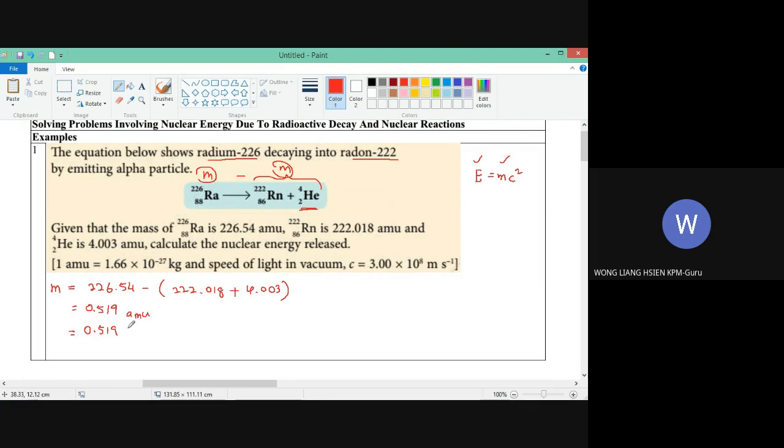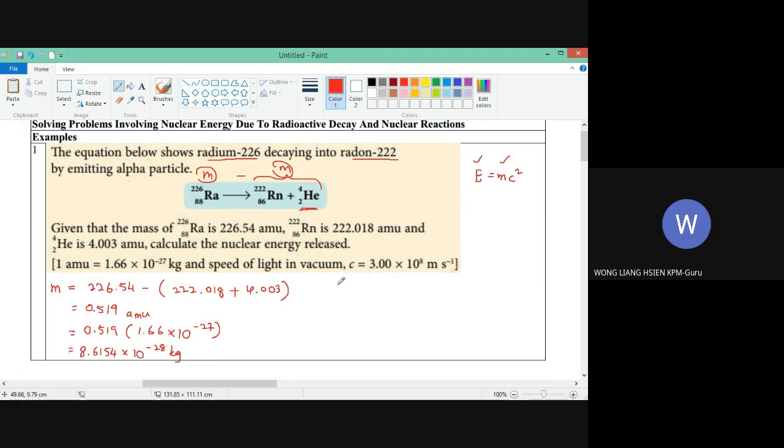So 0.519 atomic mass unit times 1.66 times 10 power negative 27, you get 8.6154 times 10 power negative 28 kilogram. So this is the mass effect.